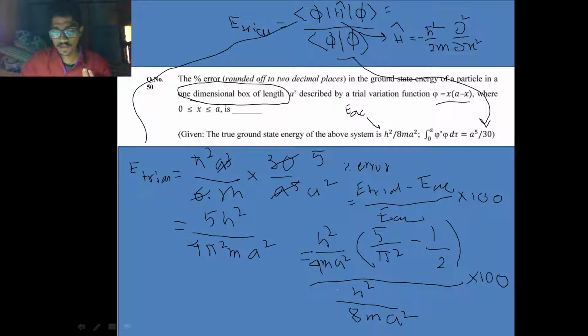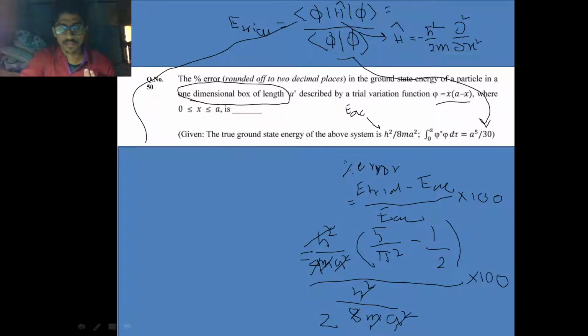Okay, so now h square can cancel out, m can cancel out, a square can cancel out, 4 and 8 comes as 2. So what is this value?